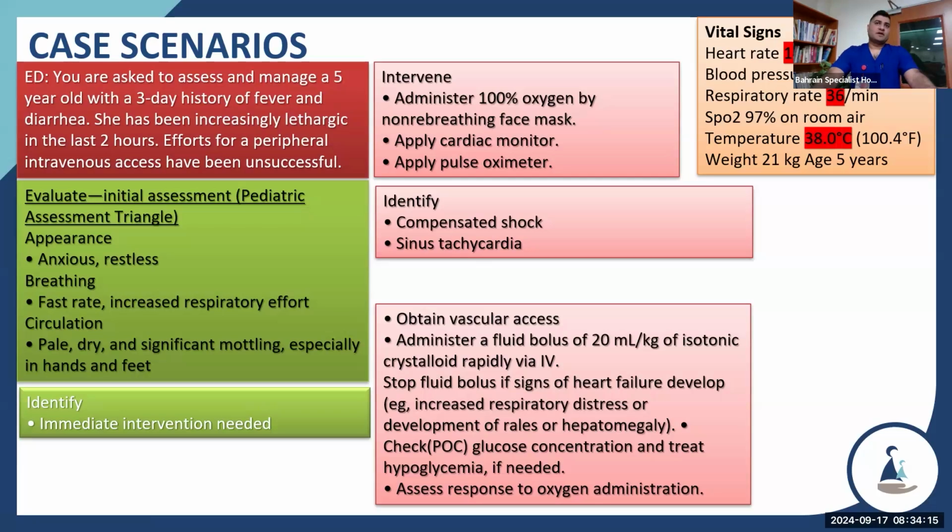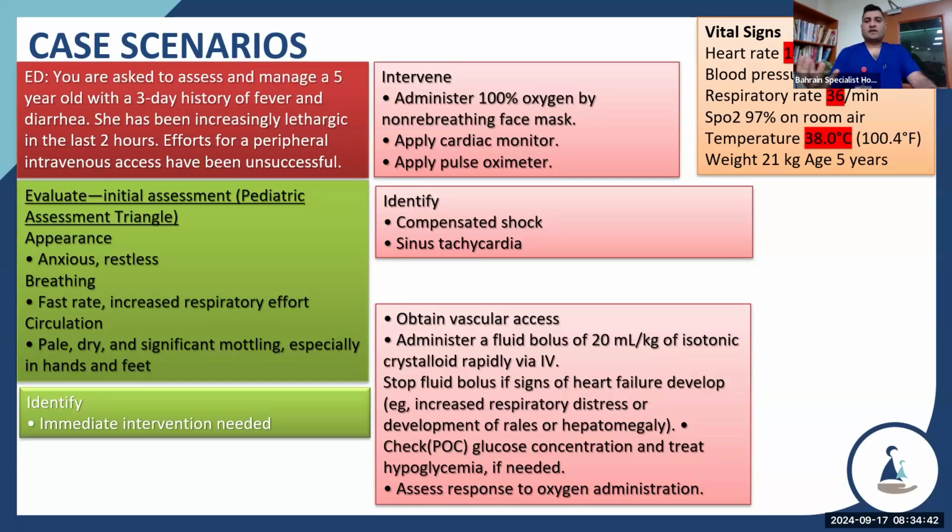If we use the formula, it should be around 80 for her age. Respiratory rate is increased at 36, saturation is 97, temperature is increased, and weight is 21 kg. So we identified that she has a fast respiratory rate. So we will start with 100% oxygen, attach a cardiac monitor, and apply a pulse oximeter.